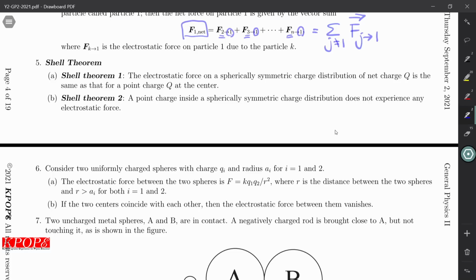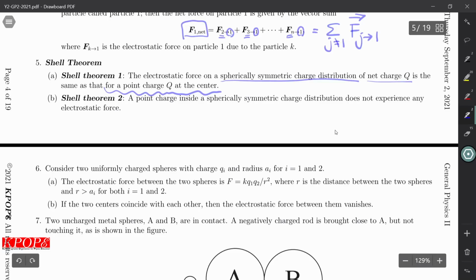Okay, so that is called the shell theorem. Shell theorem 1 states that the electrostatic force on a spherically symmetric charge distribution of net charge Q is the same as that for a point charge Q at the center. So this is the shell theorem.